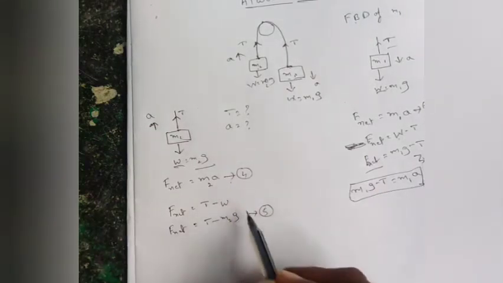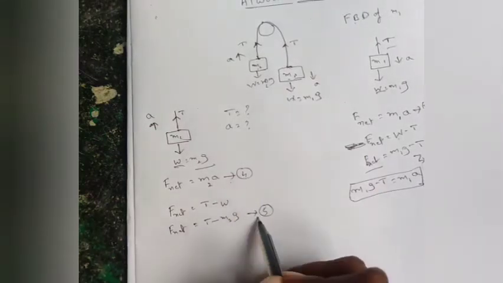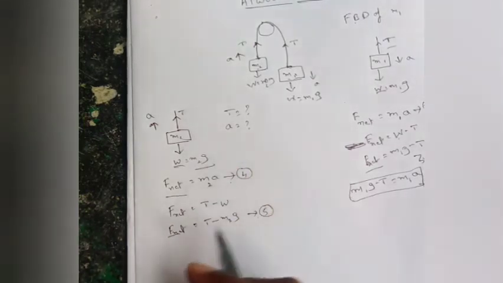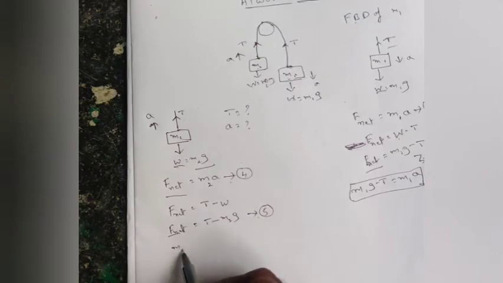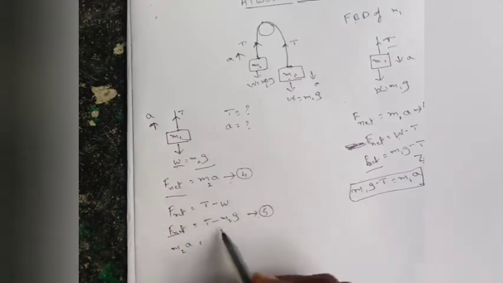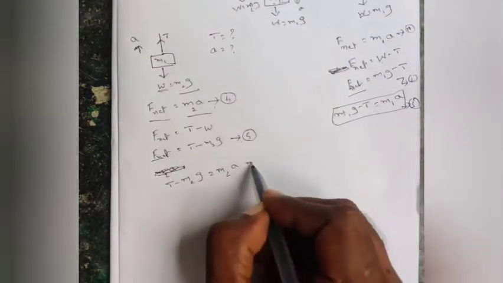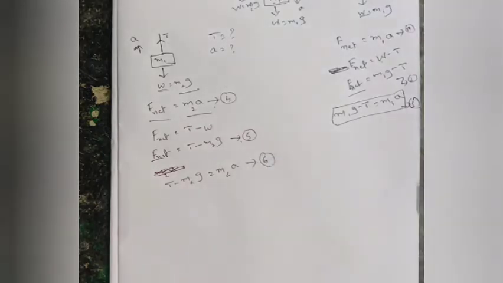From equations 4 and 5, the LHS are equal, so you can equate the RHS. Tension minus m2g is equal to m2a. Take this as equation number 6.